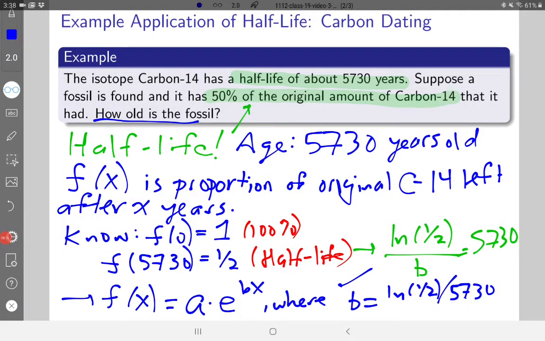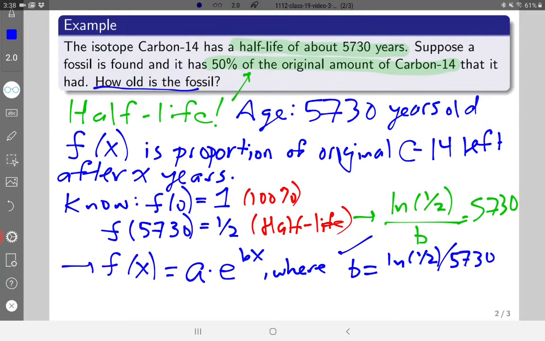So I know that my function is supposed to be exponential decay, and it's going to be of the form a times e to the bx equals the function. And I know that b is this value, and that's coming from me rearranging this equation here. What about a? Well, in previous examples, we saw that a was exactly the initial value, which is 1.